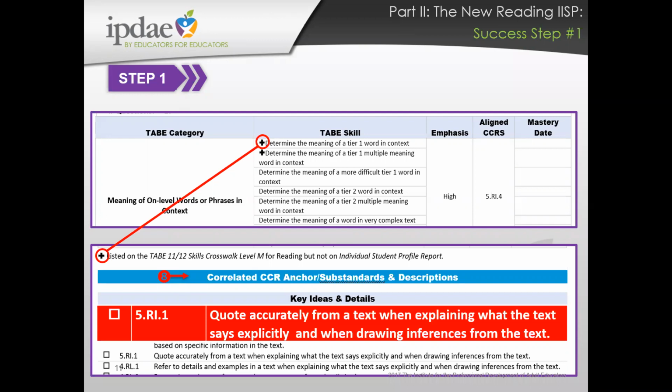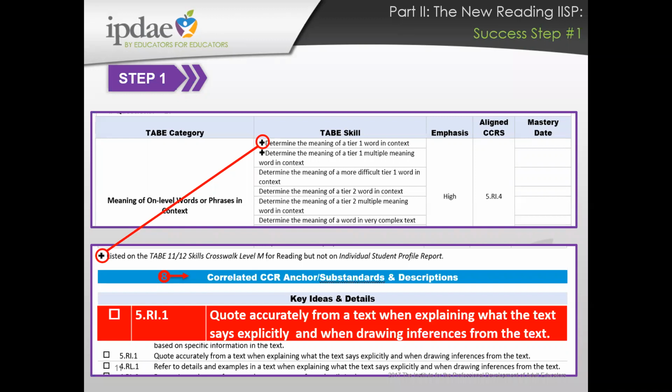This means that the topic appears on the TABE blueprint for that particular subject area and test level, but it never appears on any of the students' individual profile reports for the same subject area and test level. It may also indicate that the skill appears on the new TABE 11-12 skills crosswalk for reading, and those I think, I'm not sure June, but I think those were provided several months ago. But it's excluded from the individual profile reports.